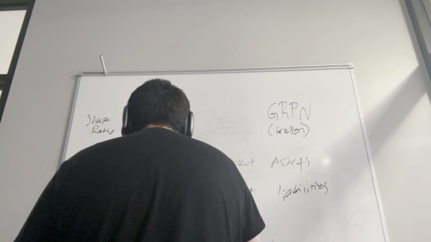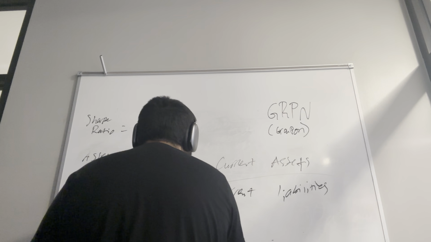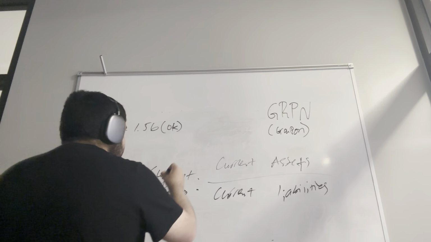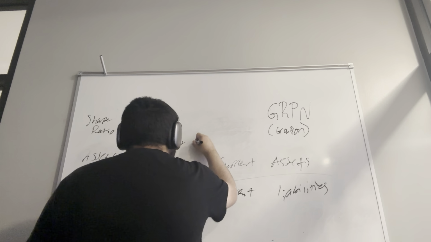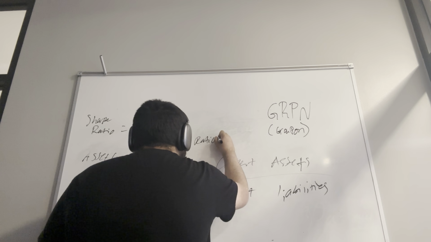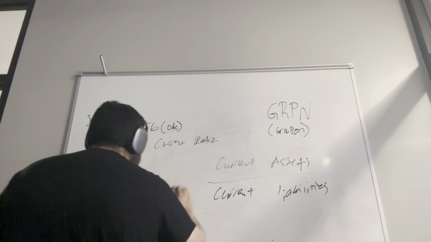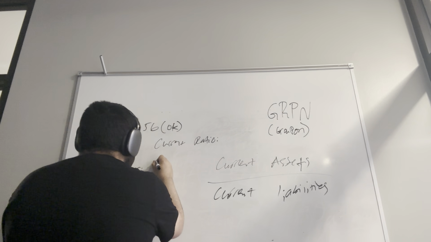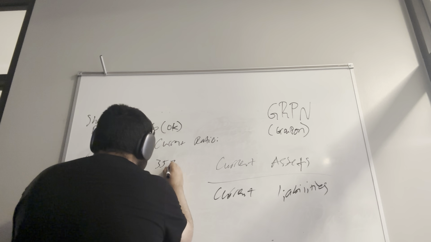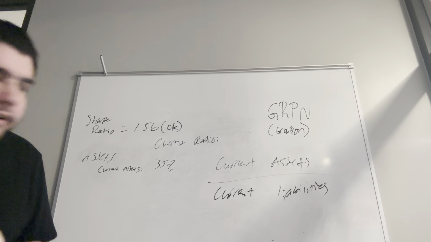Let's see. I don't know where to write. Okay, let's put current ratio up here. Current ratio. And then we're going to write what Groupon actually has, which is going to be 357,351.